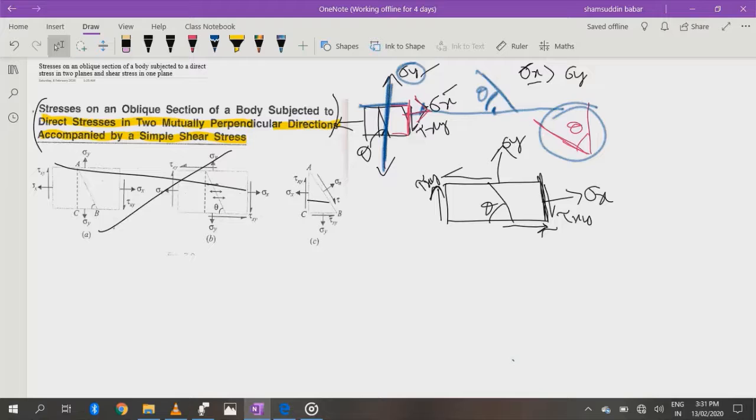Before major principal stresses, I will write the formula for maximum direct stress and shear stress here. I will once again reveal that direct is normal stress and shear stress initially. After finding this normal stress and shear stress, I will find out maximum principal stresses and maximum principal planes as well.